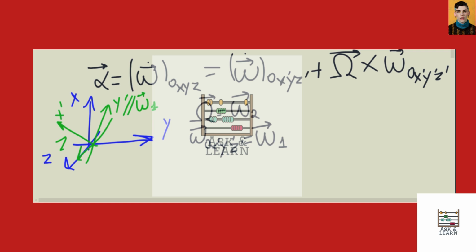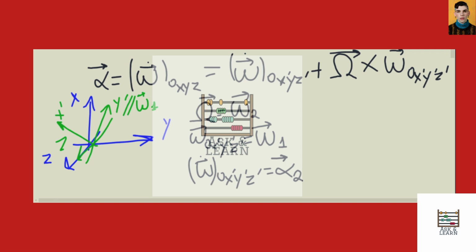And now the rate of change of the angular velocity from the rotating frame is again alpha 2, because the angular velocity of the disk of the sander is constant.